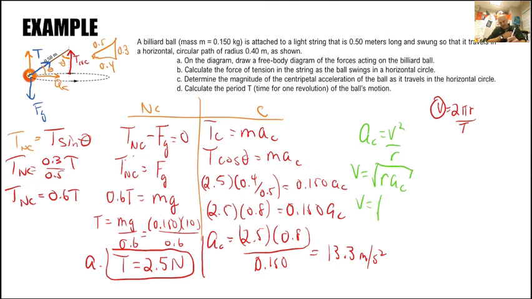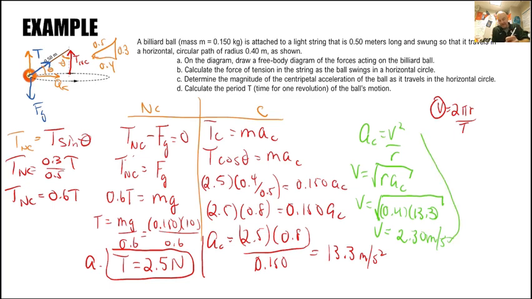So we're going to do the square root of r, the circle is 0.4 meters in radius, times 13.3, that was our centripetal acceleration. Again, I apologize for not having my work done. So 5.32, take the square root of it, and we get a v of 2.30 meters per second.